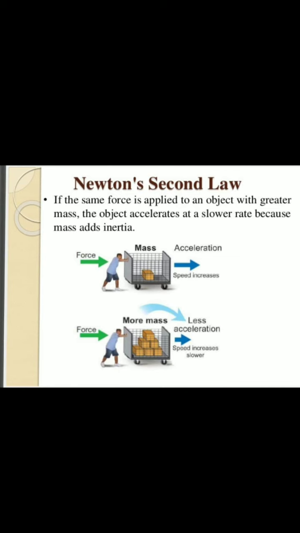If you consider a wooden block and an iron block, which one is heavier and which needs more force to lift? Obviously the iron block, because the mass of the iron block is greater than the wooden block.